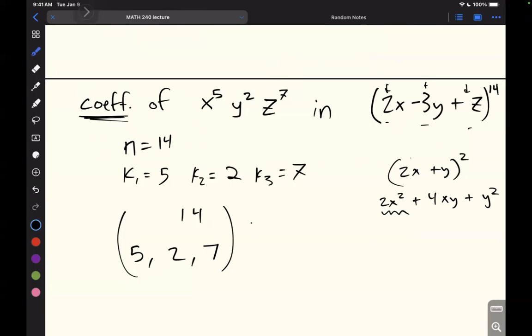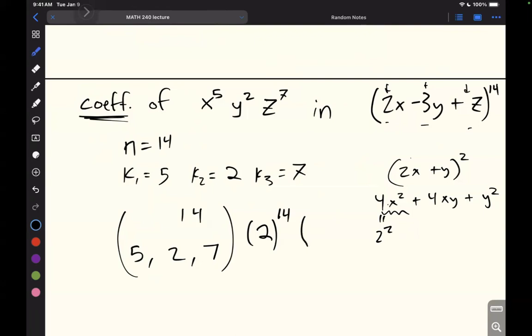So what we need to do in this case is bring those coefficients along. Wait, I'm wrong. That's not a 2x squared. It's a 4x squared. I can do algebra sometimes because that's secretly a 2 squared. And so we need to raise 2 to the power of n, which is 14.